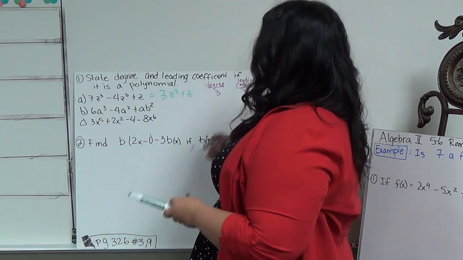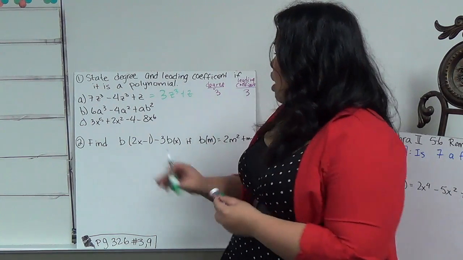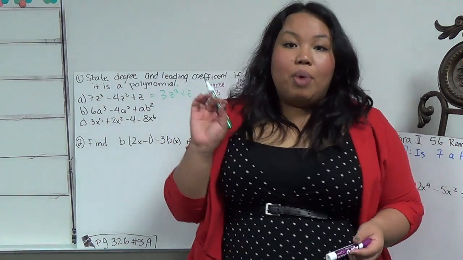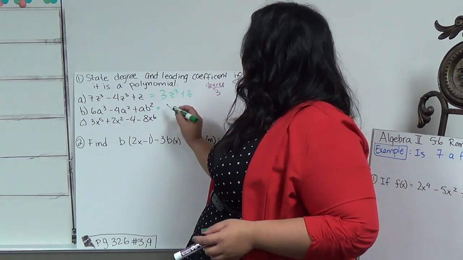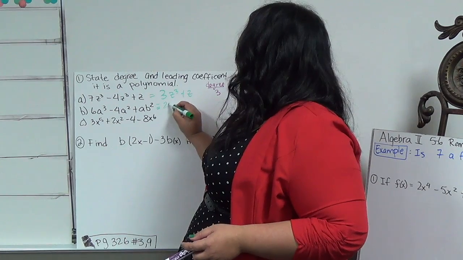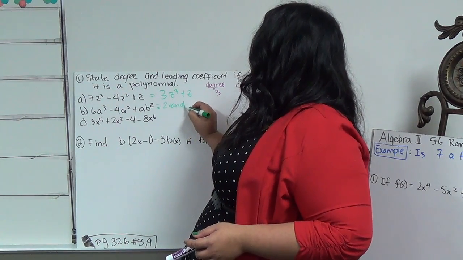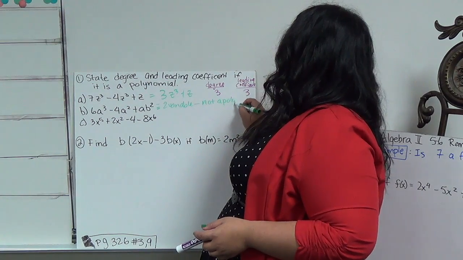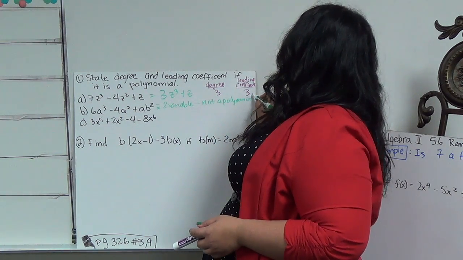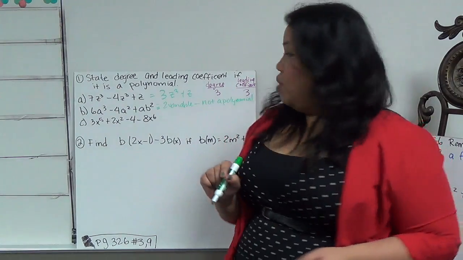is 3. Now this one right here, a polynomial cannot have more than one variable. So because this has 2 variables, it is not a polynomial. So you can only have one variable.